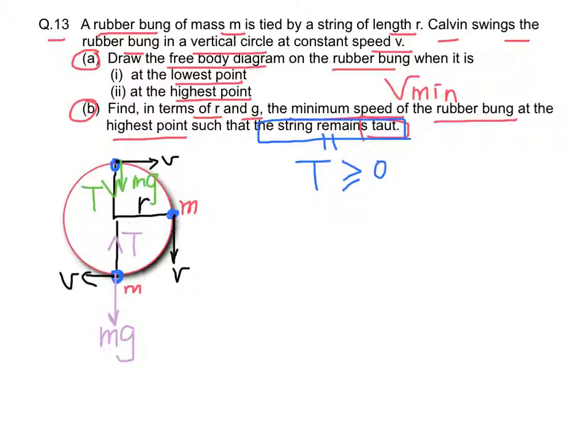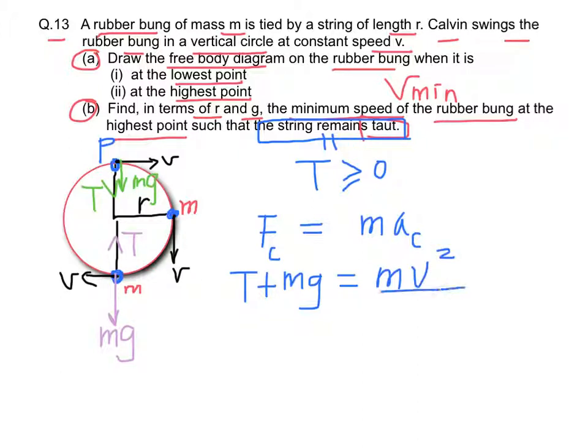Consider the force diagram when the bug is at the highest point P. By F equal to ma, the centrifugal force acting on the bug at the highest point is equal to its mass times centrifugal acceleration at this point P. Centrifugal force is the resultant force at P. The resultant force is T plus mg towards the center, equal to m times ac. ac is equal to v squared over r.